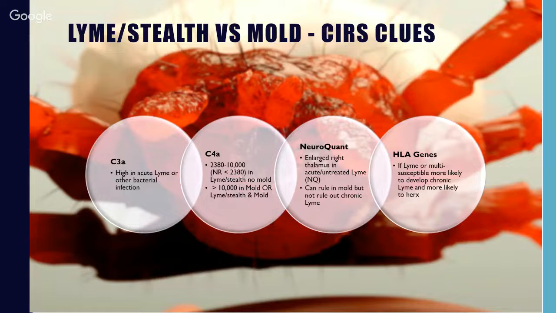Now, my experience with the NeuroQuant, and I've probably run well over 100 of these over the last couple of years, is that the mold changes do seem to show up pretty consistently in our mold patients.